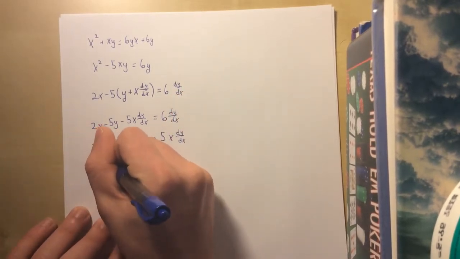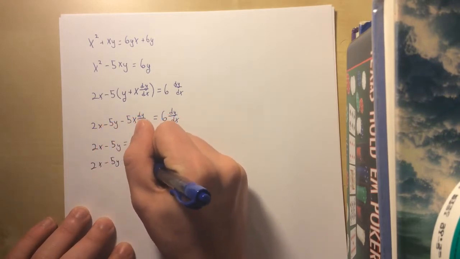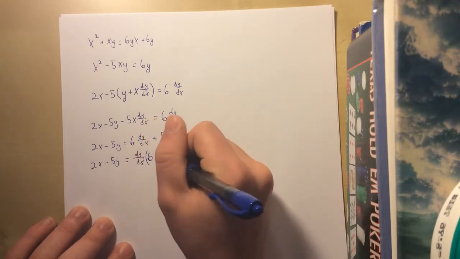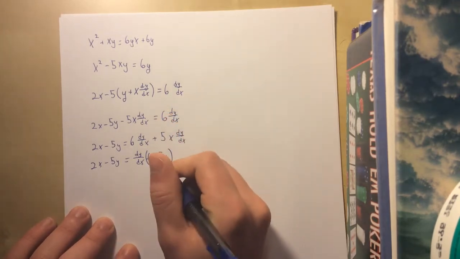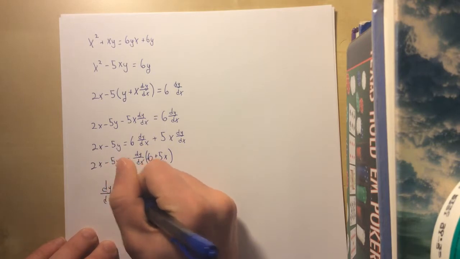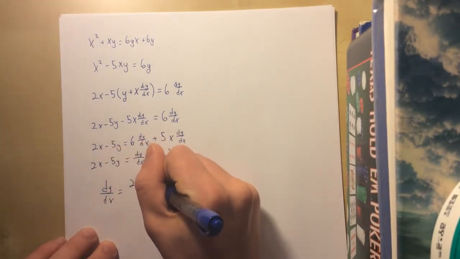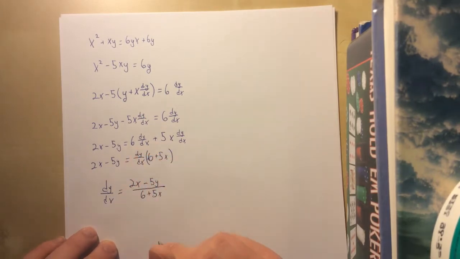Factor out the dy dx's. And we have 6 plus 5x. And now divide and solve for dy dx. So dy dx is equal to 2x minus 5y over 6 plus 5x.